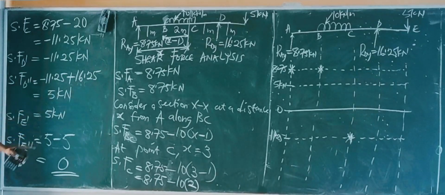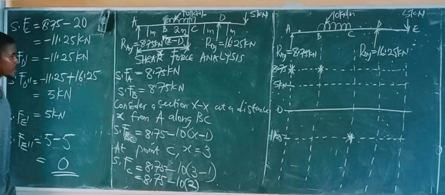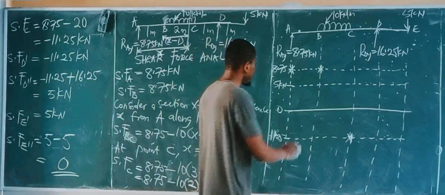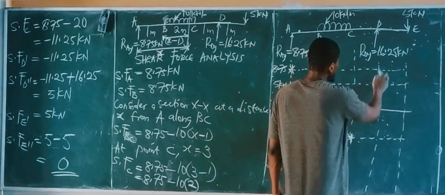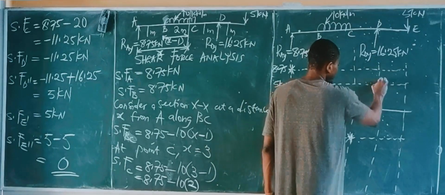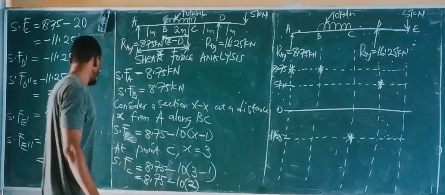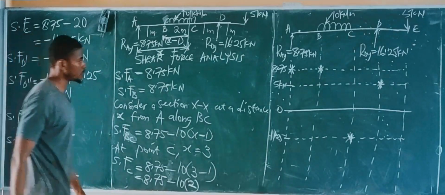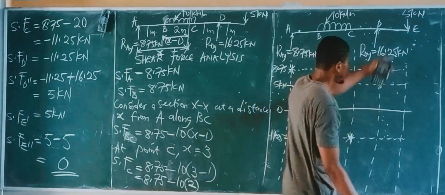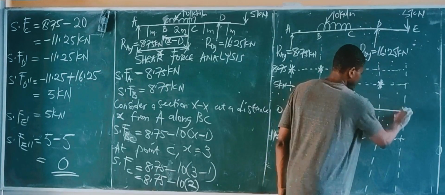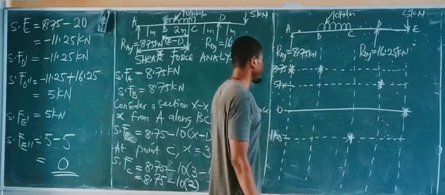This is line D, so you put an asterisk. Finally, shear force at E is actually 0. This is line E, the 0 mark, so you put an asterisk.